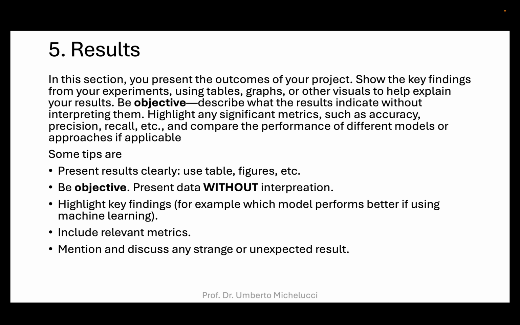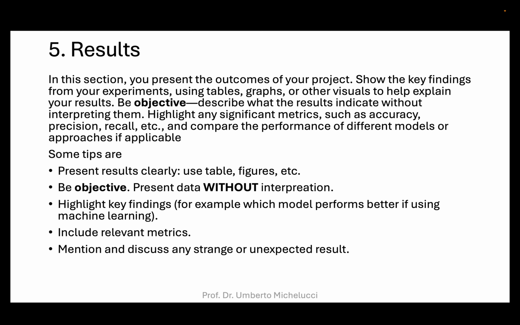In section 5, or whatever number you will have in your thesis or paper, in the results section, this is where you put the numbers. So, I've tried 10 models, and each model has a specific performance accuracy value: 98% the first model, 97% the second model, and so on. Here is where you give the numbers.